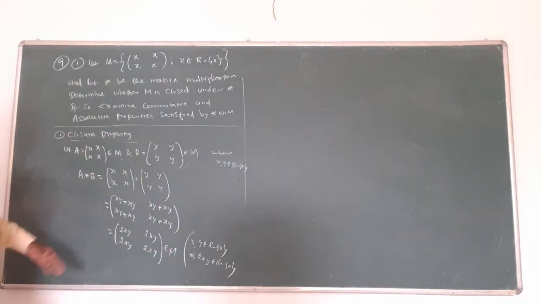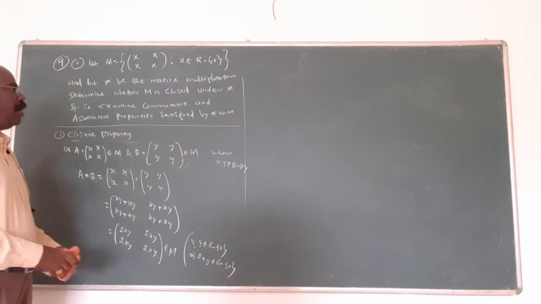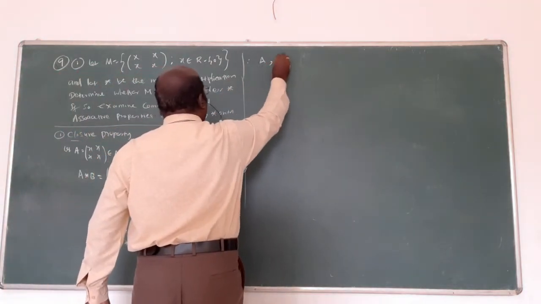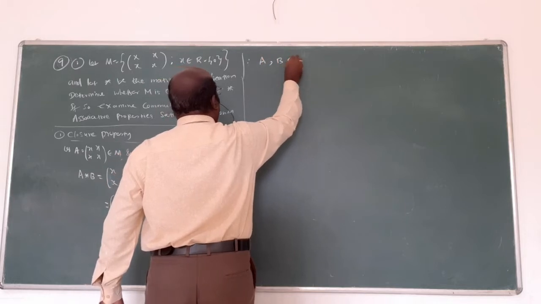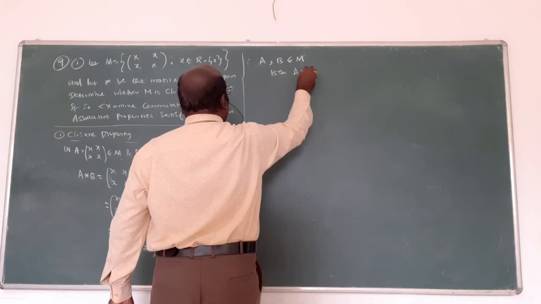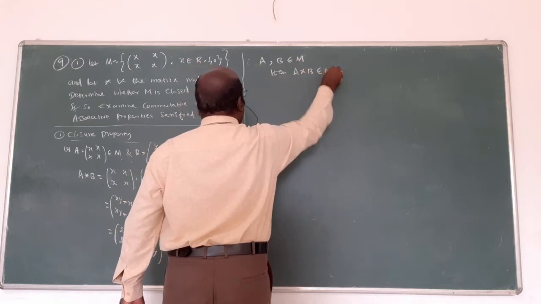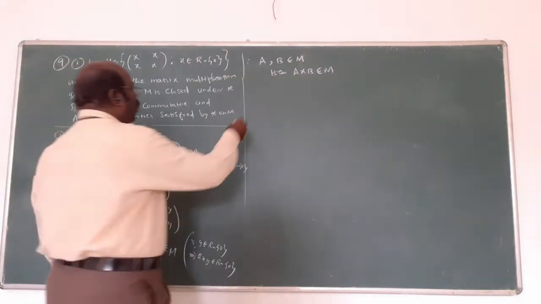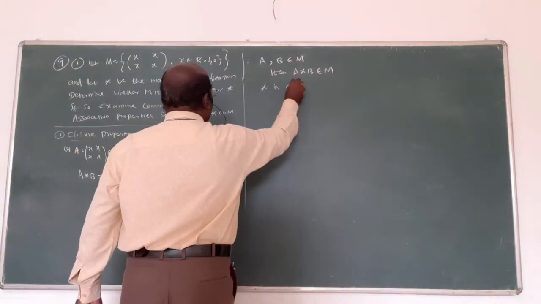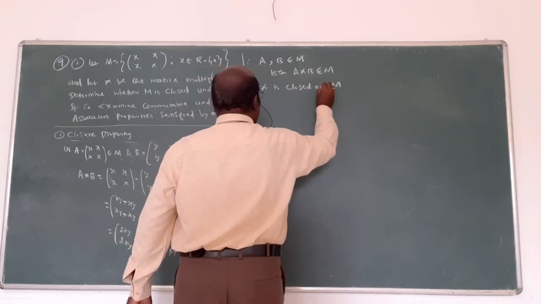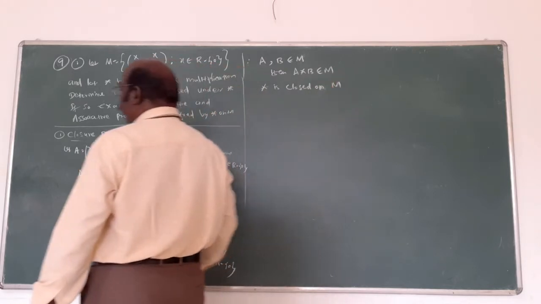Now multiply both, and we get that the product also belongs to M. Therefore, A, B belong to M separately, then A star B also belongs to M. That is the definition of the closure property. Therefore, star is closed on M. This is the first property over.